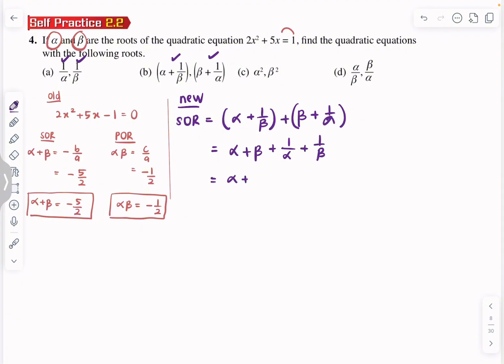So alpha plus beta, no problem. The one at the back, we have to make the same denominator: beta, beta, alpha, alpha. So we get alpha plus beta over alpha beta. Then we just substitute all the values that we know. Alpha plus beta is negative 5 over 2, alpha plus beta over alpha beta is negative 5 over 2 over negative 1 over 2.